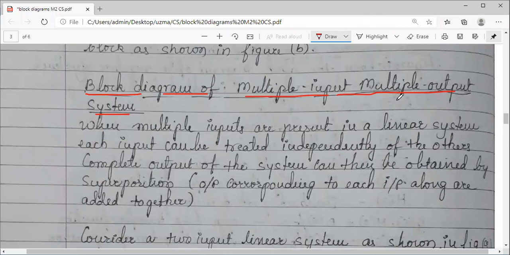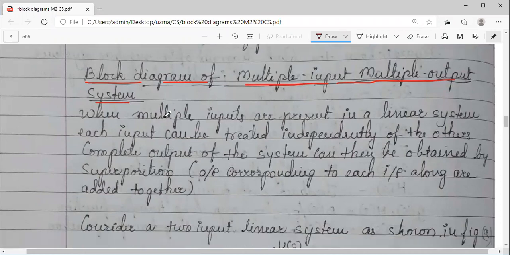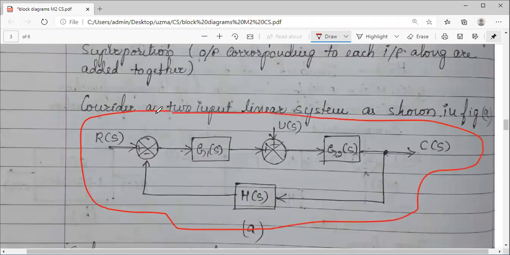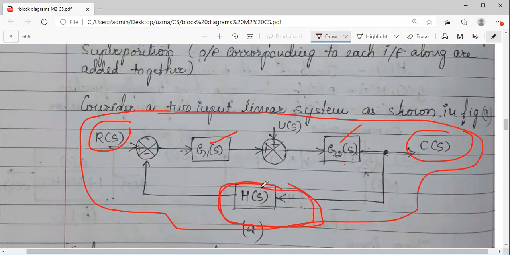Now for multiple input and multiple output systems, as you can see here, what change you observed in this figure and the earlier figure, please observe and let me know. As you can observe, in both the systems which I have drawn, H is there.